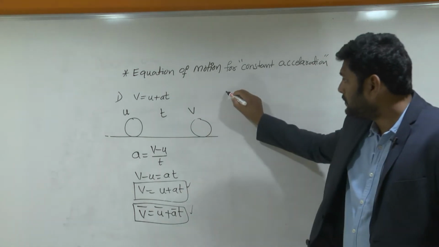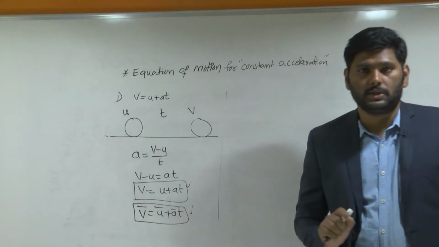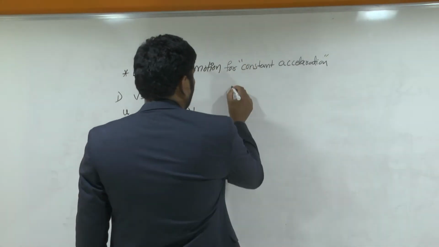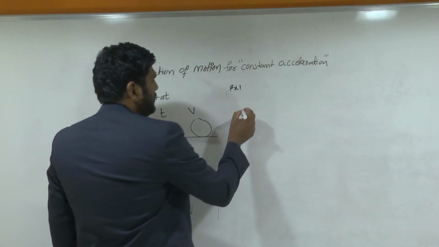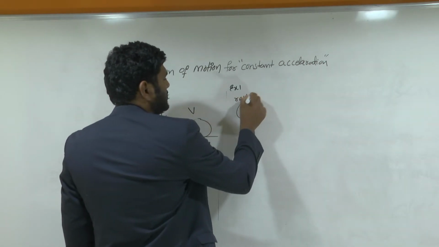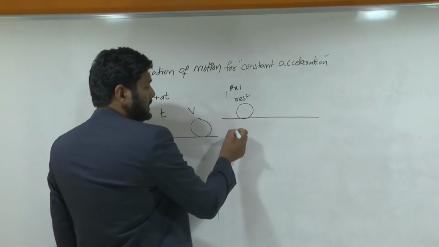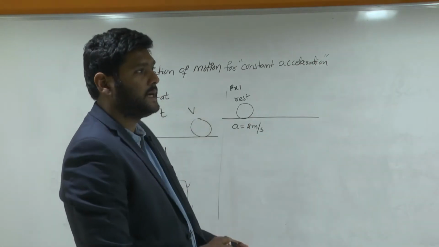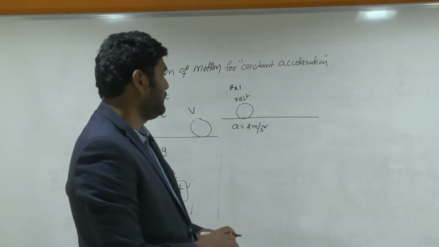Now based on this formula, this equation of motion, let's do some questions. The very first question is example number one. For example, this is an object. The object is at rest initially, but after some time it has an acceleration of 2 meter per second square.